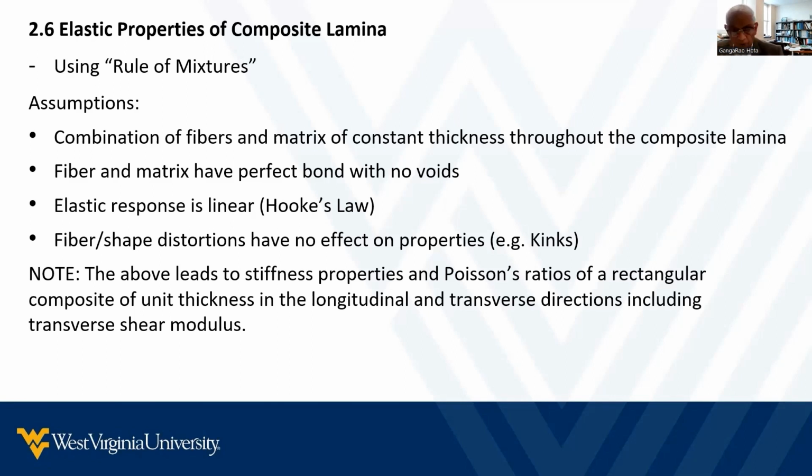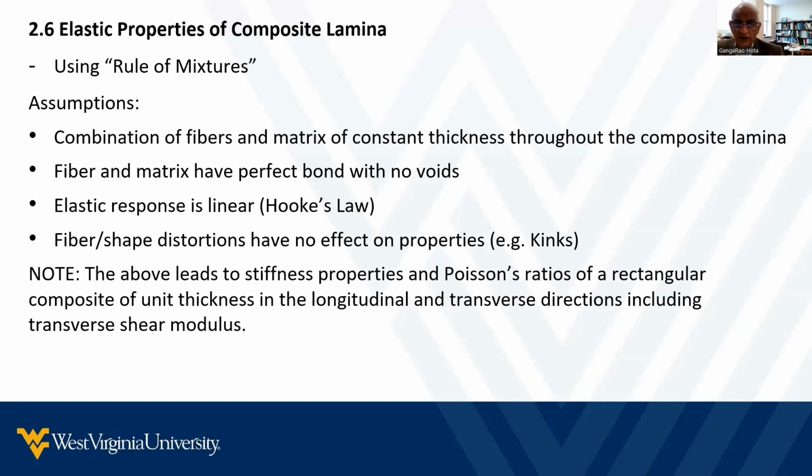And I have already alluded to a couple of these assumptions, but I will read them out loud for you. Here, a combination of fibers and matrix of constant thickness throughout the composite lamina. You will see that picture in the next slide. Fiber and matrix have perfect bond with no void. I said that in my previous slide. Elastic response is linear, meaning Hooke's law is followed.